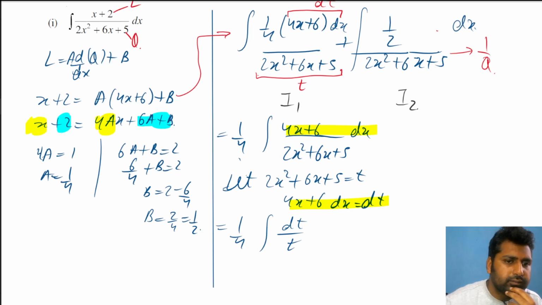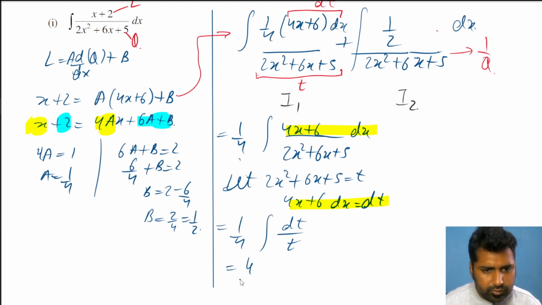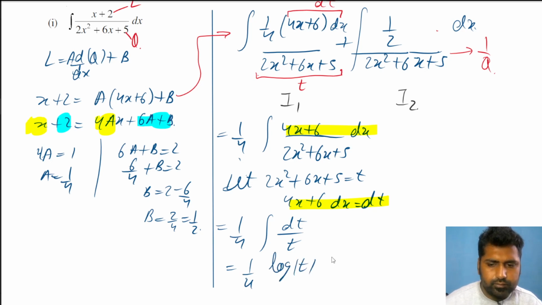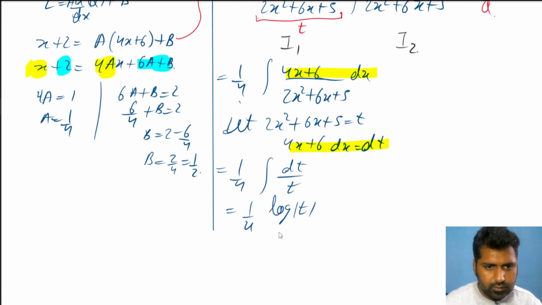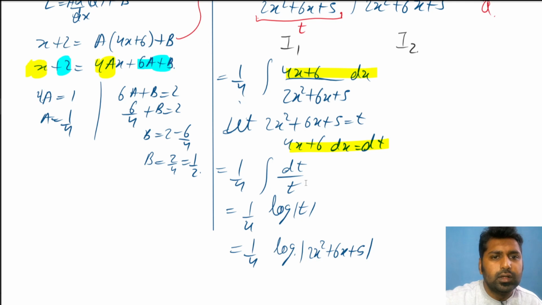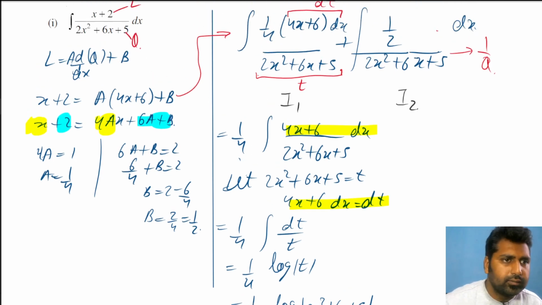Okay, so what is that? 1 by 4 log t, not t basically. So 1 by 4 log of 2x square plus 6x plus 5. This was your I1.